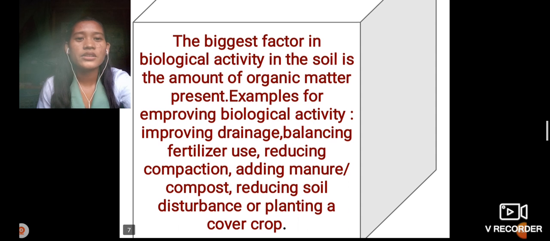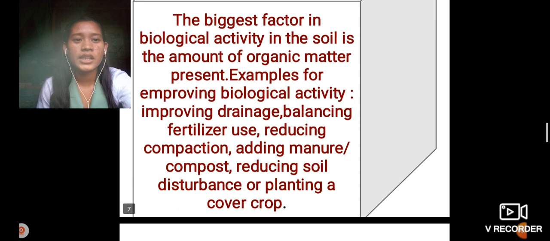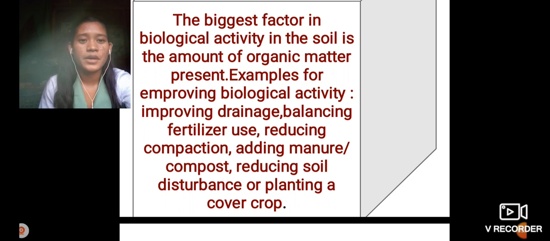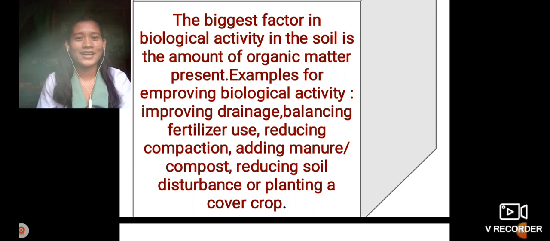The biggest factor in biological activity in the soil is the amount of organic matter present. Examples of improving biological activity: improving drainage, balancing fertilizer use, reducing compaction, adding manure or compost, reducing soil disturbance, or planting a cover crop.